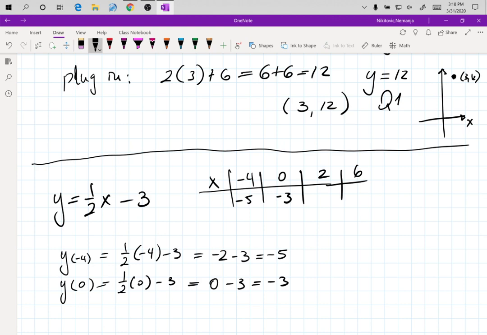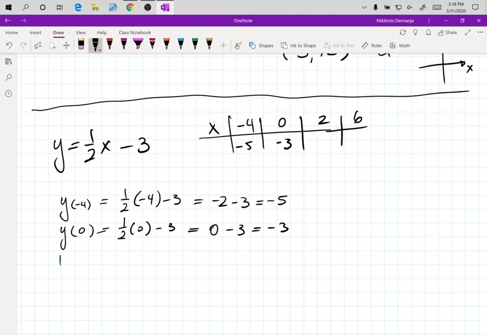Then y of 2 is 1/2 of 2 minus 3, which is 1 minus 3, that's -2.